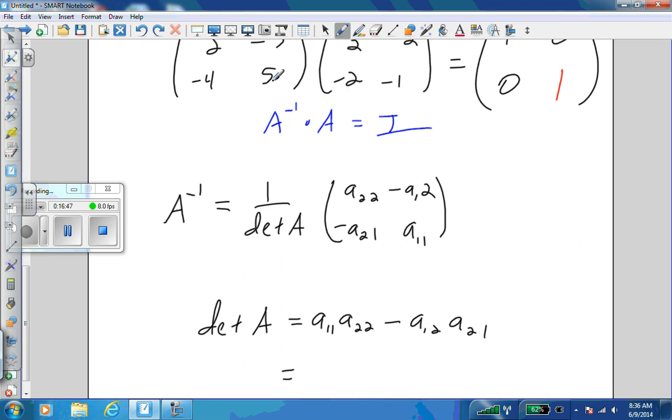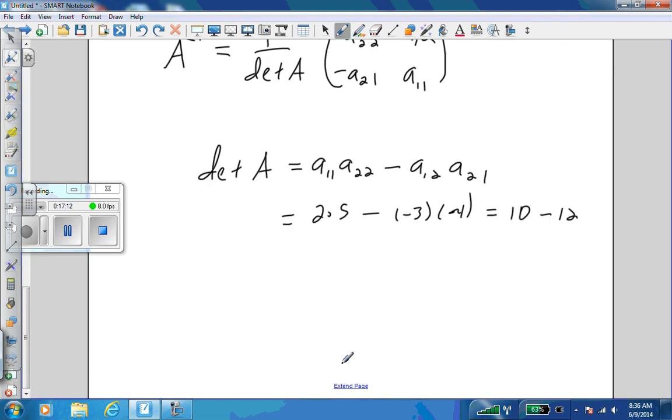A11, A22, so 2 times 5, A12, row 1, column 2, A21, row 2, column 1. So determinant A is 10. Minus times minus times minus makes a negative. 3 times 4 is 12. So we get the determinant of A to be negative 2.